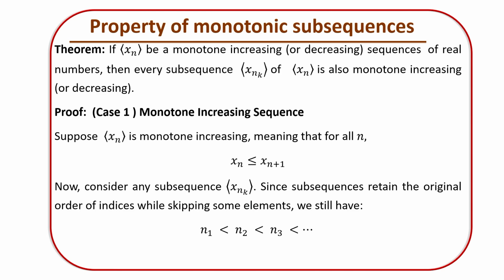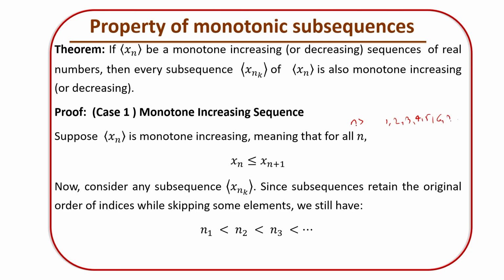What is the meaning of a monotonic increasing sequence? Each term of the sequence is greater than the preceding term. So we have 1, 2, 3, 4, 5, 6, 7.